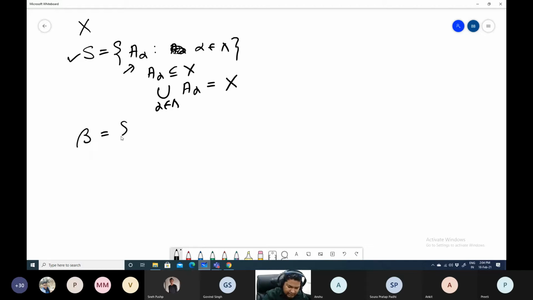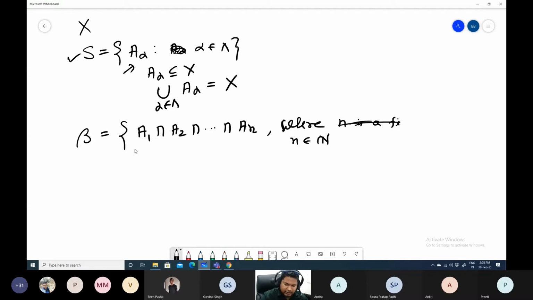We take beta as all the finite intersections A1 intersection A2 up to An, where n belongs to the natural numbers and each Ai belongs to S. So if we take any finite collection of elements from S and take the intersection, the new collection forms a basis.